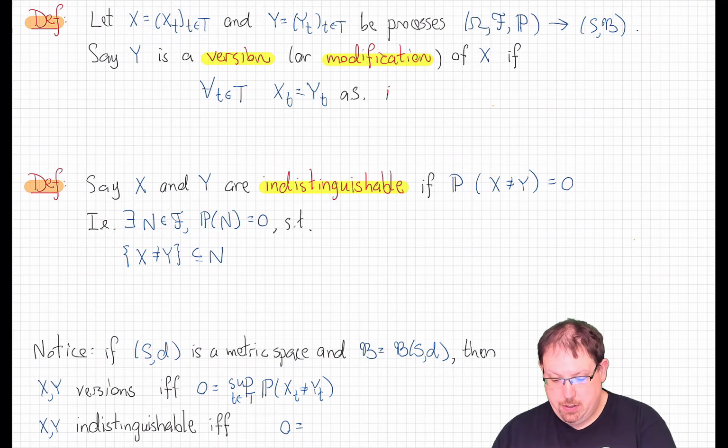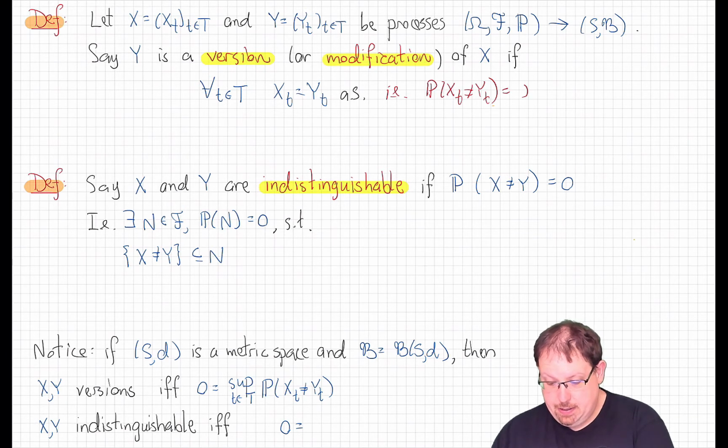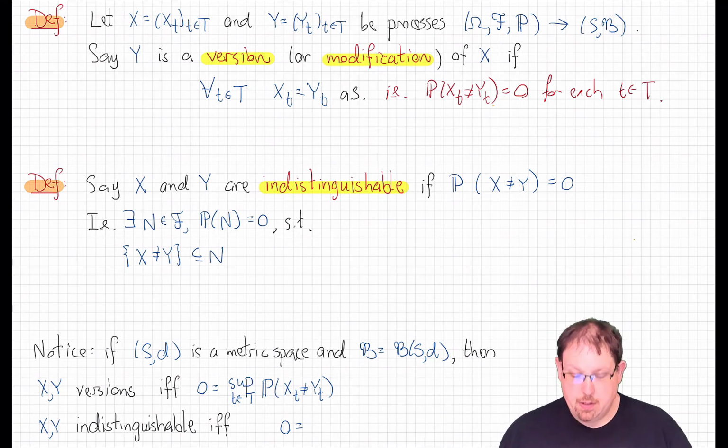In other words, the probability that X_t is not equal to Y_t is 0 for each individual t. So you might think that that is a natural notion of equivalence for stochastic processes. And it is. You can check that it's an equivalence relation.